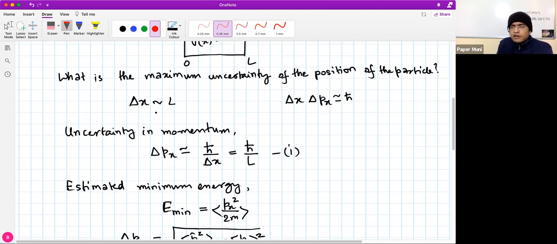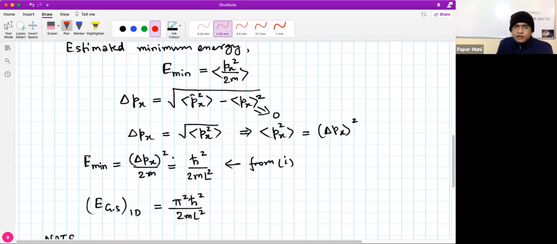The uncertainty in momentum will not be 0, and if the uncertainty in momentum is not 0, then there has to be some energy corresponding to that value of momentum. This is what we are getting here.